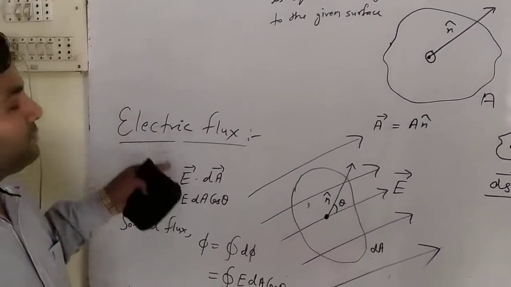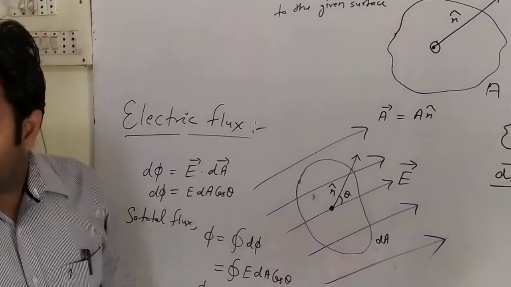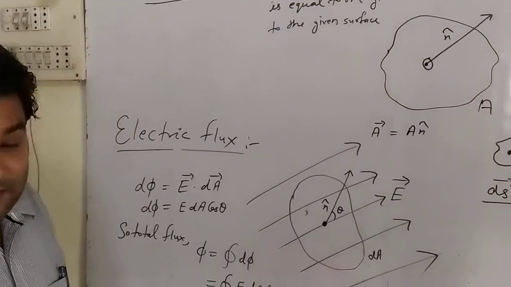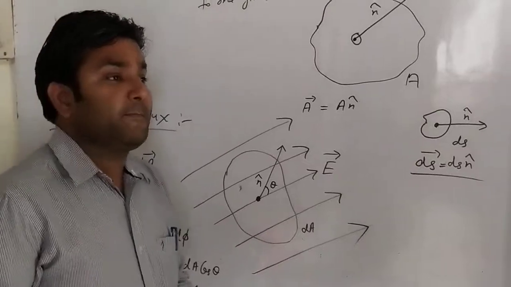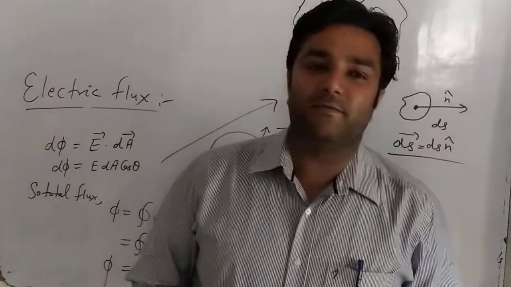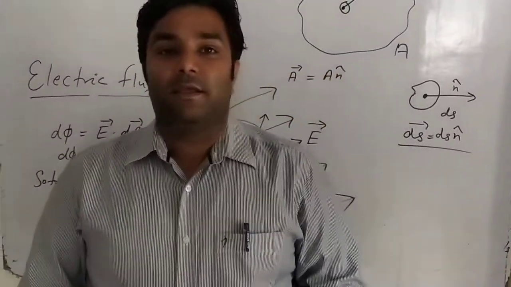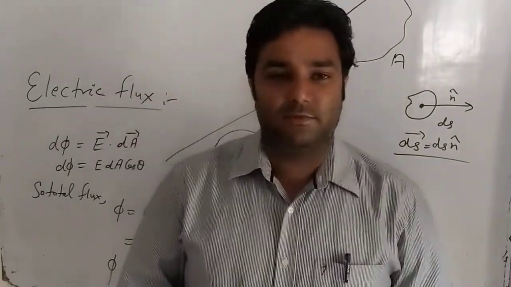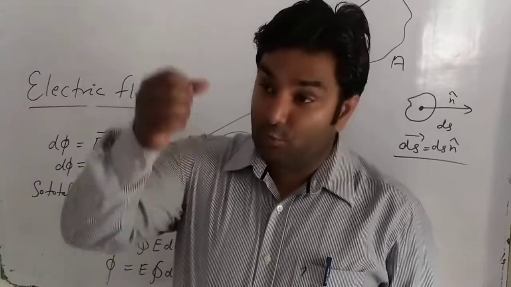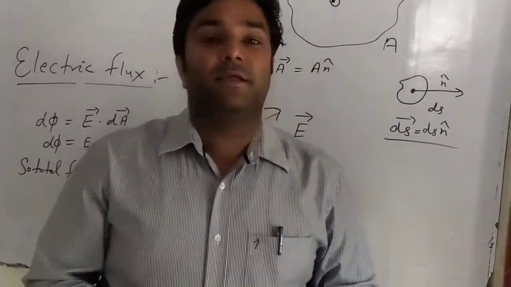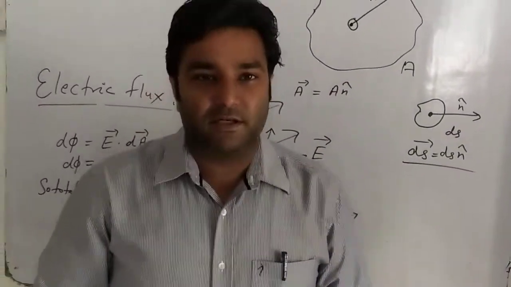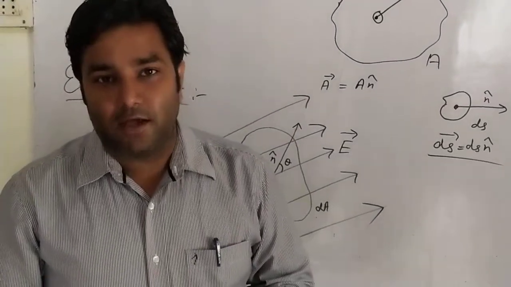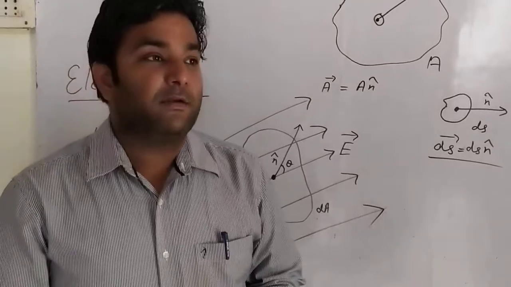After these two, the next topic is torque on an electric dipole. So first of all, listen to the concept of torque. Torque is the turning effect of a force. Suppose a force is applied on a body and the body is able to rotate about its axis, then the force produces a turning effect, just like in opening or closing a door, or in the case of a screwdriver.